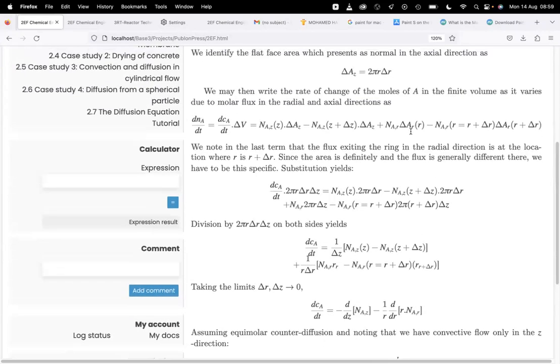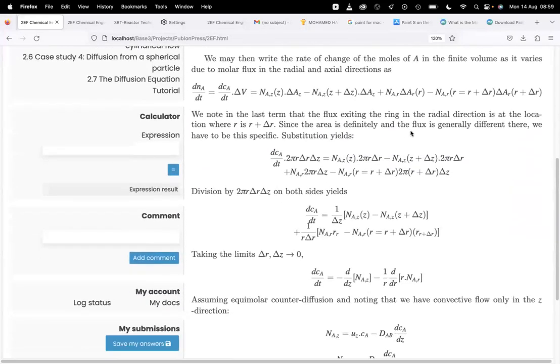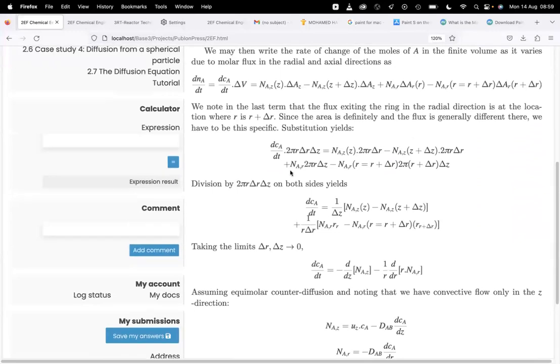So with all that specified, we can now replace our expressions in our balance. We can just forget about the dNA dt, since we are accounting for it here. So that's dCA dt times delta V, which we said was this. And then NAZ and area in the Z direction, and NAZ area in the Z direction. So those are fixed.